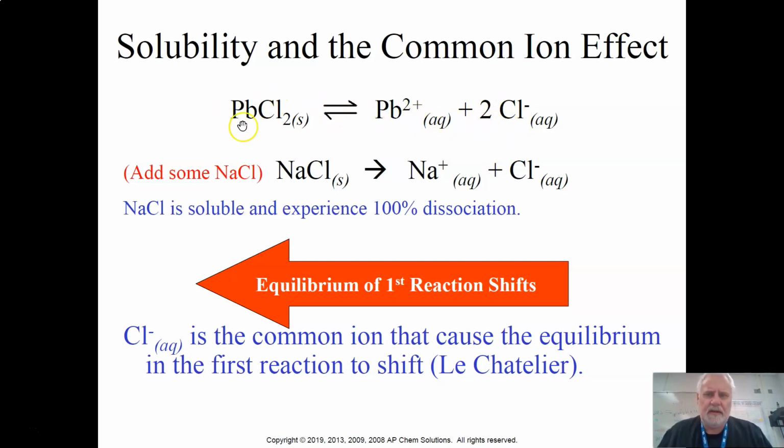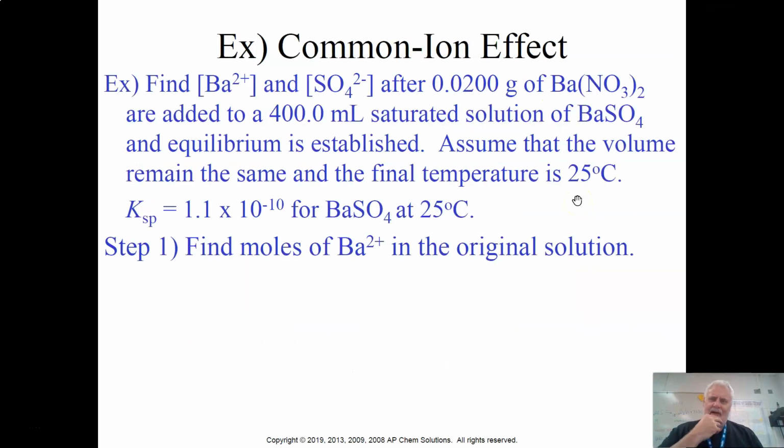So this will cause more solid to be formed because of the shifting of this equilibrium. And that, of course, is Le Chatelier, as we move toward the left, and the equilibrium shifts in that direction. Okay, so you look for the common ion in these systems.